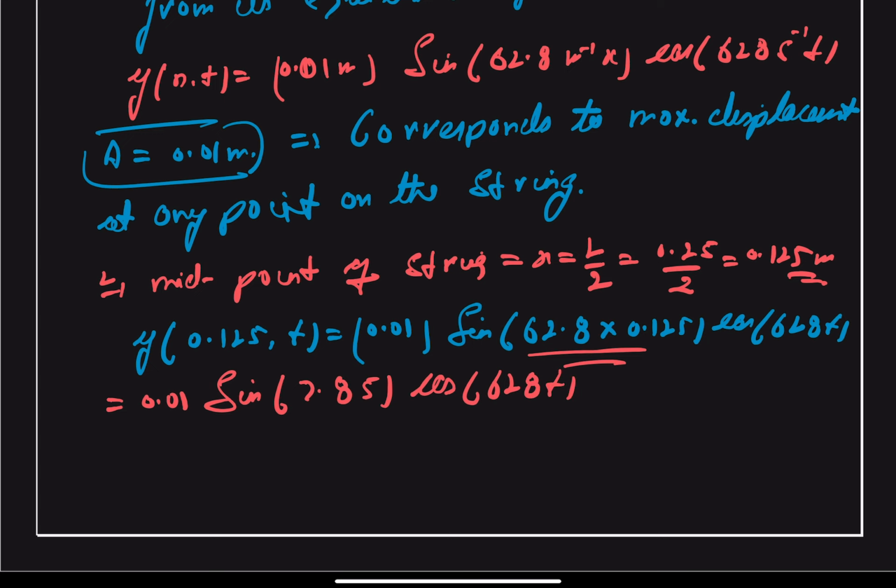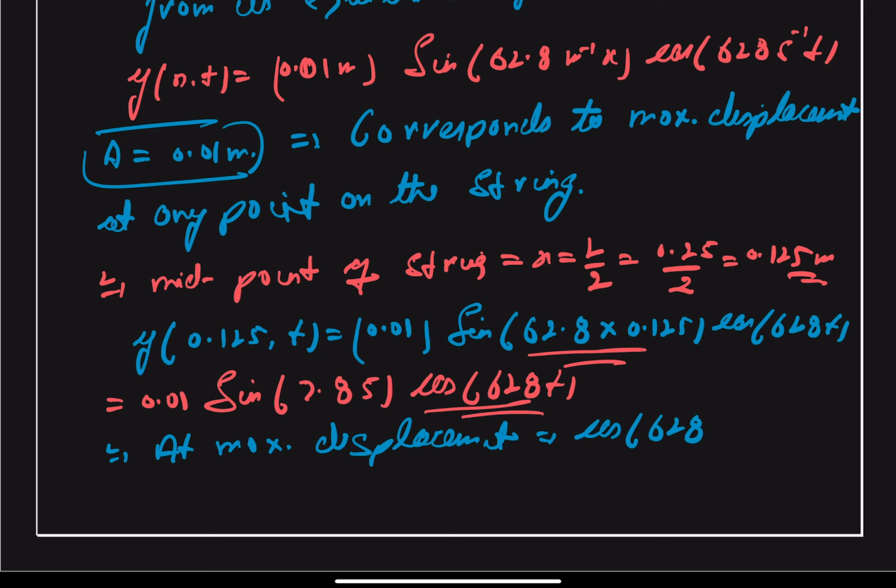So at maximum displacement, the value of the partial function, which is cos of 6 to 8t, should be equal to 1. So we can write that at maximum displacement, we should have cos of 6 to 8t equal to 1.